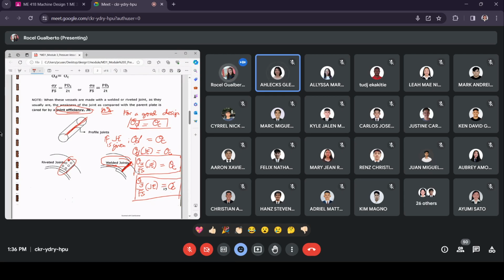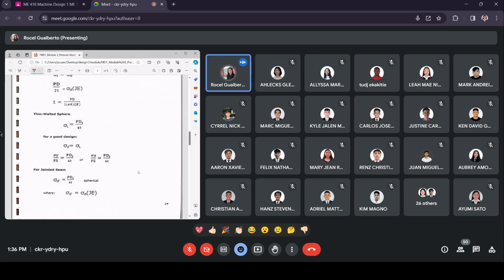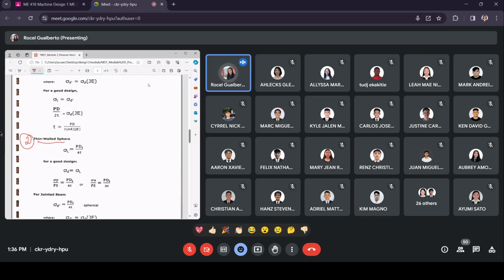Yes po, ma'am. Okay, let us have now number 2. This time we have a thin-walled sphere, a spherical vessel. Say we use this cutting plane AA prime, or this cutting plane BB prime.